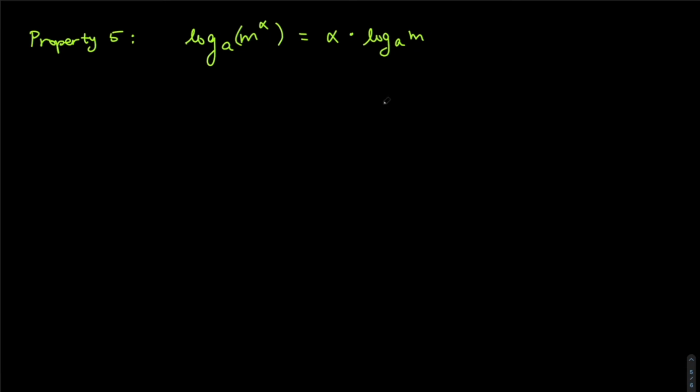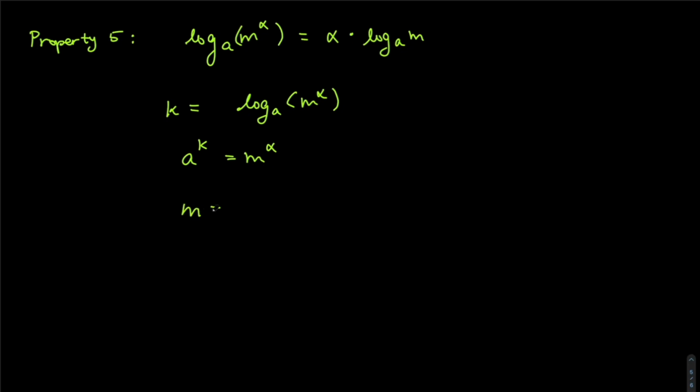So let me just take this out, just not to make it messy. Okay, again, let me show you a proof. So let's take some constant k, right? So some constant k is equal to log base a of m raised to the power alpha. Okay, so if I simplify this, I can write this as a raised to the power k gives us m raised to alpha.